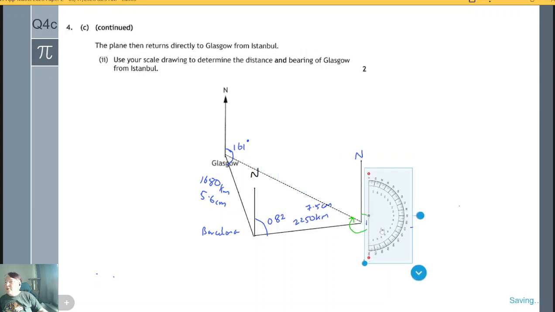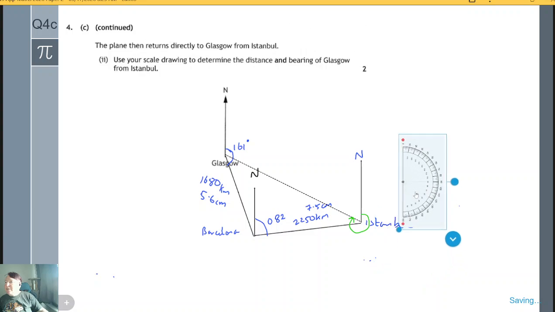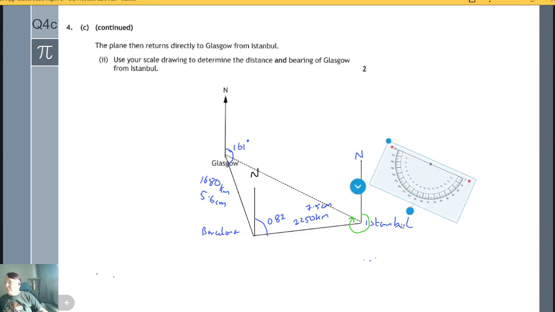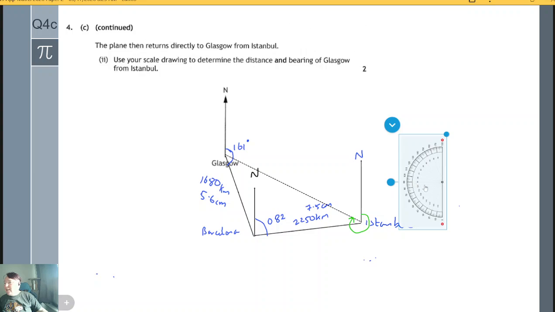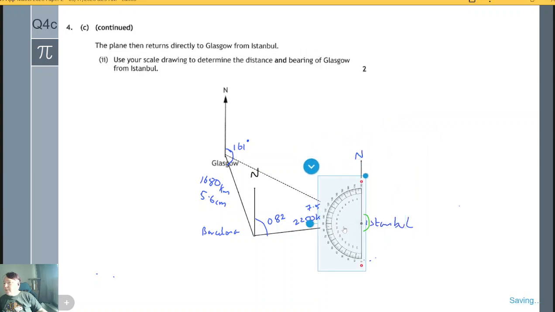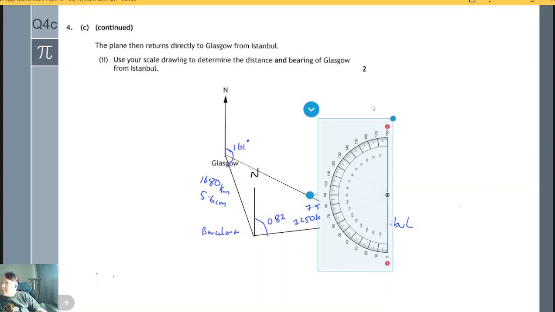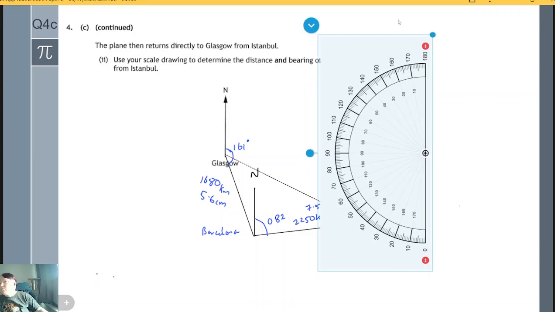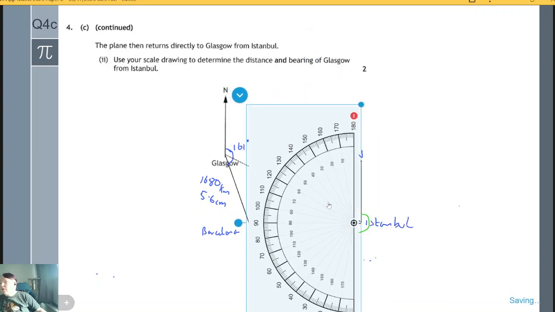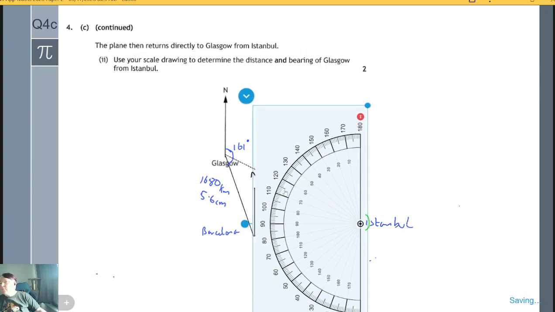Okay, so I know I've got 180 that takes me straight down. So I need to go the other way. I am looking at what number? I think I'm looking at a further 118.